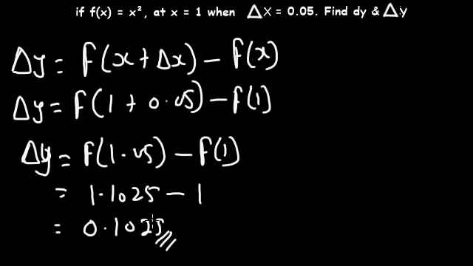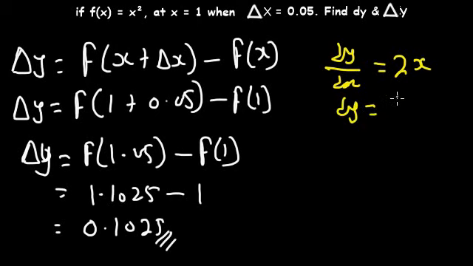Now what about dy? To determine dy, we are going to use differentials. Notice that the derivative dy dx of the function x squared is simply equal to 2x. Then multiplying all through by dx, the differential dy gives us 2x multiplied by the differential dx. Now x is given as 1, but unfortunately dx is not given.